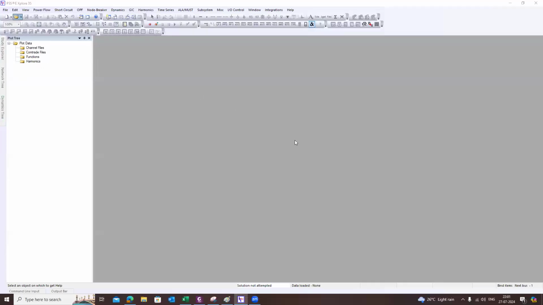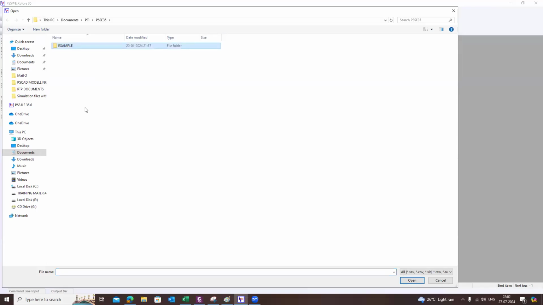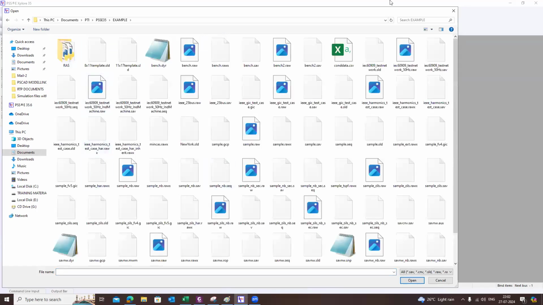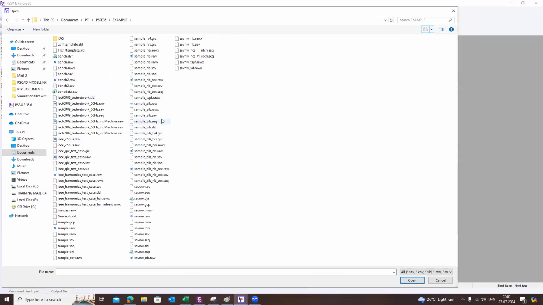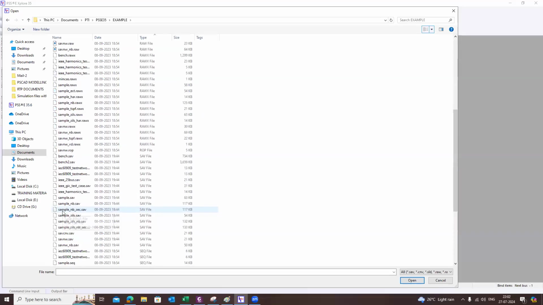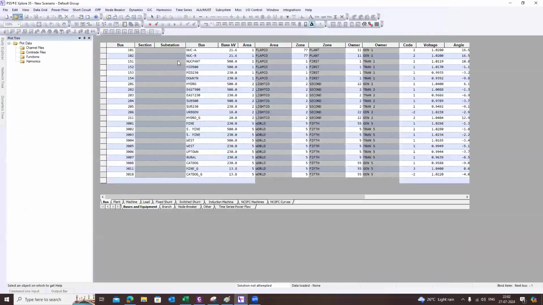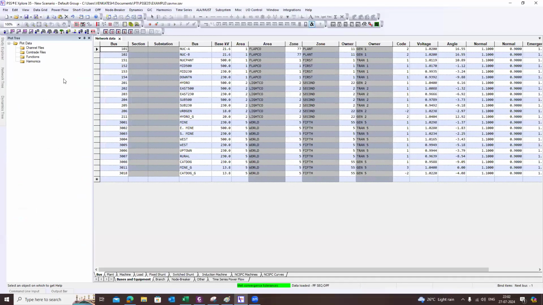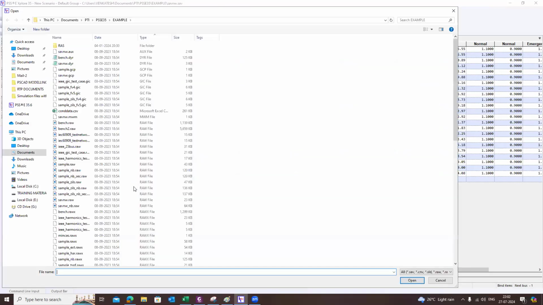It will be something like this. So this is just like a type of Excel. Of course, it can be possible to see in the single line diagram also.